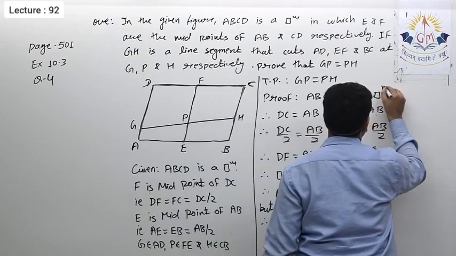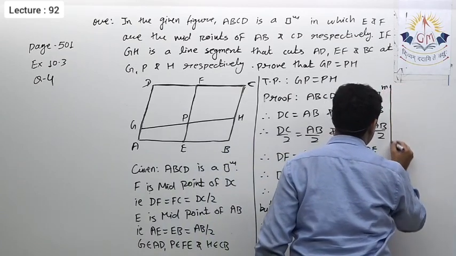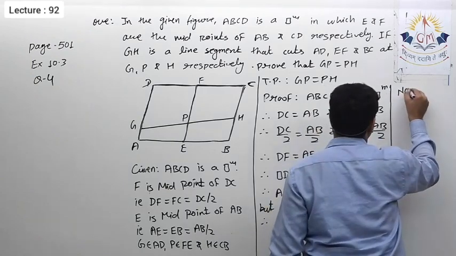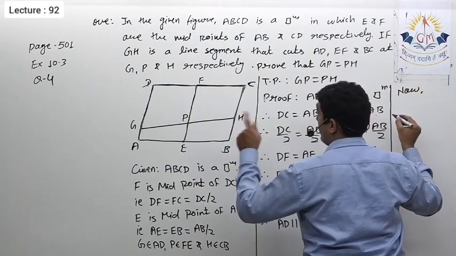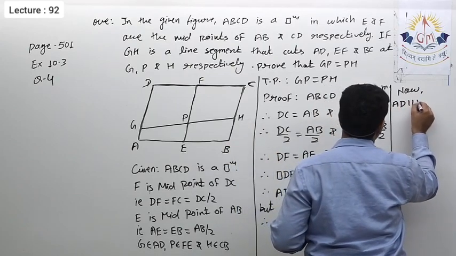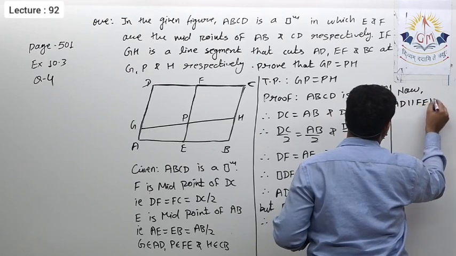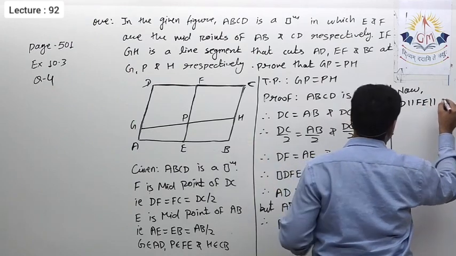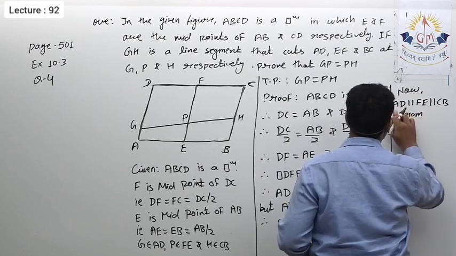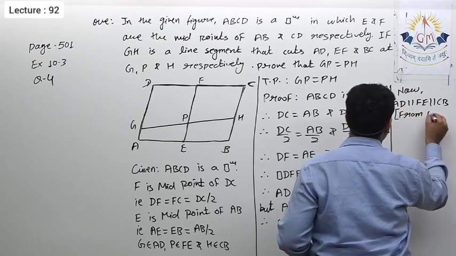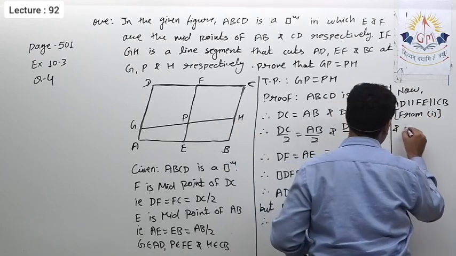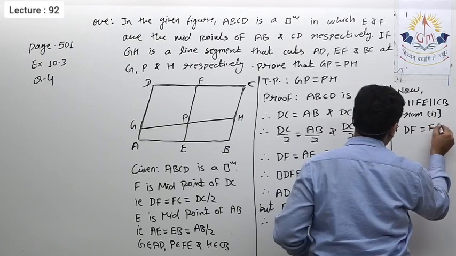However, it is almost done. Now AD parallel FE parallel CB from first, and DF equal to FC.